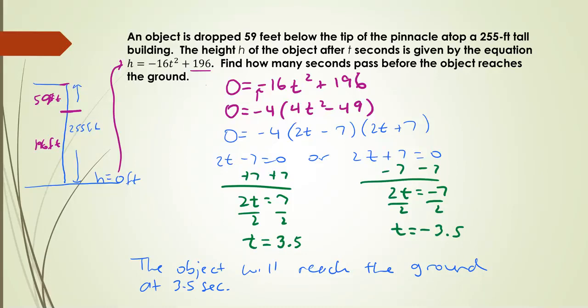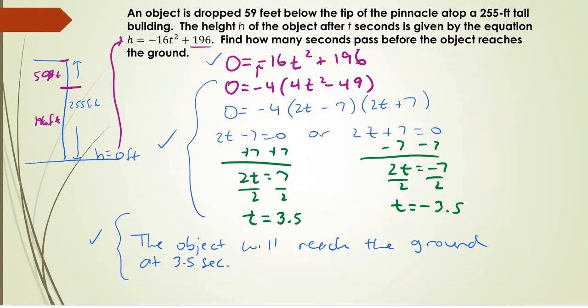Notice again, I created an equation, I solved it, and then I answered the question. Those are the 3 things that we want to have in these application problems: create the equation, solve the equation, and then answer.